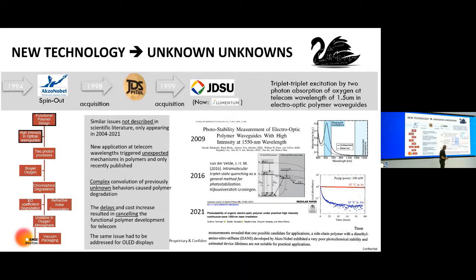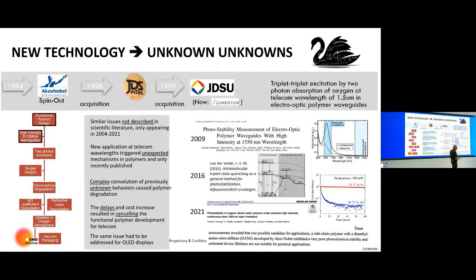And what happened is that we found out that in air there are very, very small, millimolar concentrations of triplet oxygen. And this triplet oxygen, if you have very high intensity light of 1.5 micron, you get 2 photon up conversion.